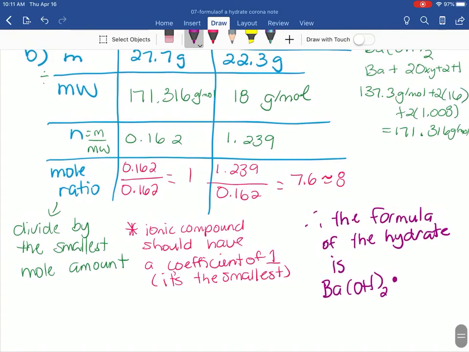And you just have to put in the 8 where that X is. So you put a dot, that's the semantics of it, that's how we write it. Then you put the 8, and then you put the H2O.